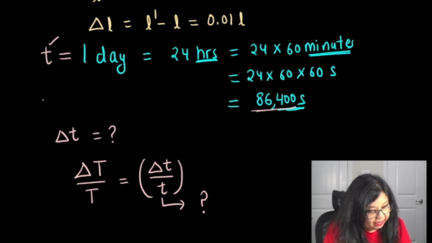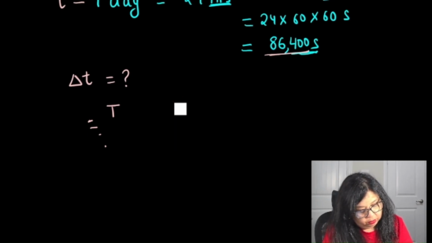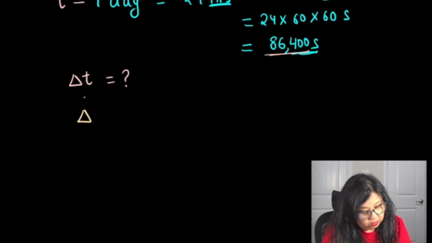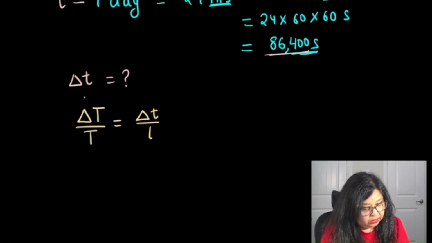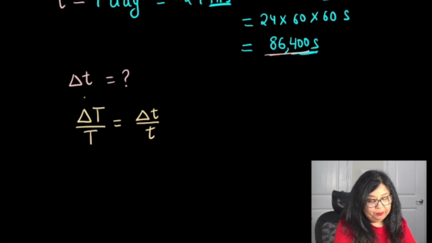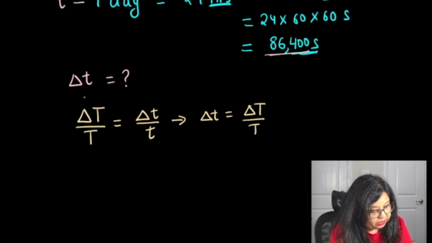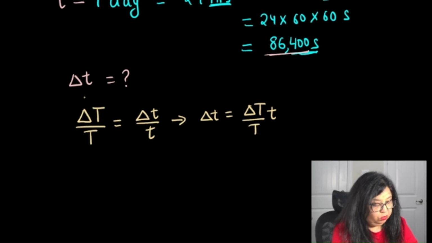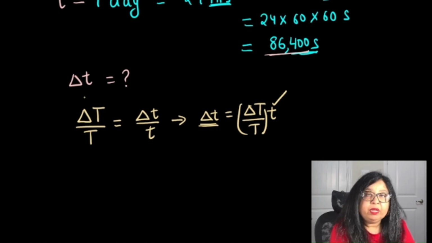Because once I know this right hand side, then from here I can solve for delta t. We have already shown that for a simple pendulum, delta T over T, uppercase, is equal to delta t over t, lowercase, on the right hand side. From here, we see that delta lowercase t equals delta uppercase T over uppercase T times lowercase t. So I do know the value of lowercase t. It is 86,400 seconds. If I could figure out this relative error in the time period, then I can solve for this error in the time measured by the clock in 1 day.